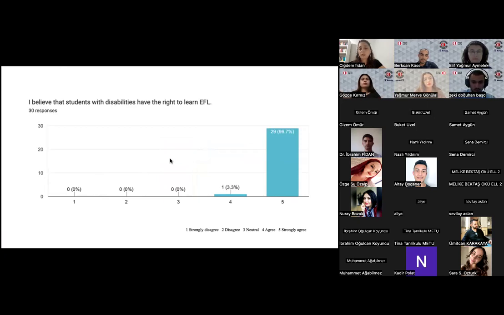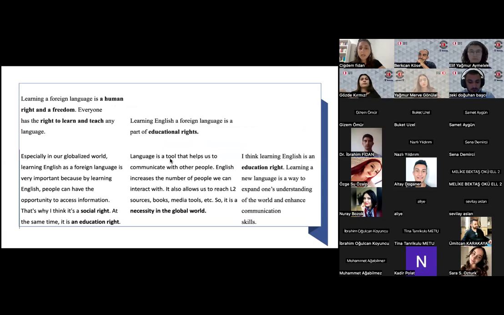So they couldn't define this as a linguistic human right, but they mostly said that they have a right to learn English as a foreign language. And as these excerpts from data show, the prospective ELT teachers believe that learning a foreign language is a human right, is a social right, is an education right, is a right, right?